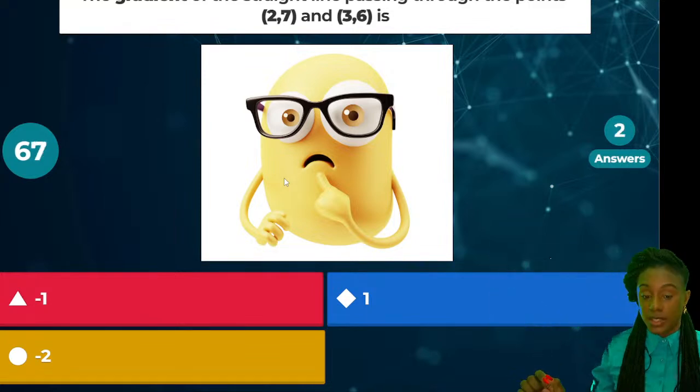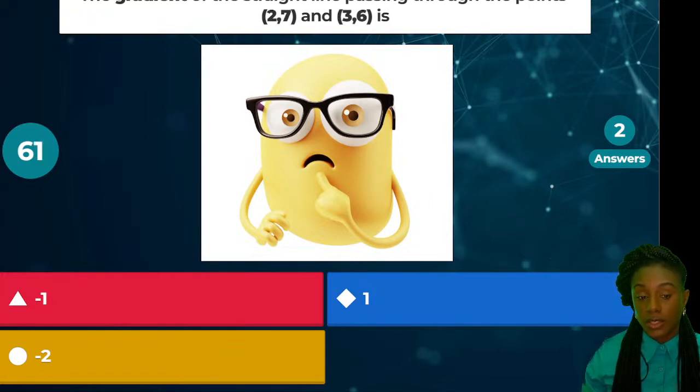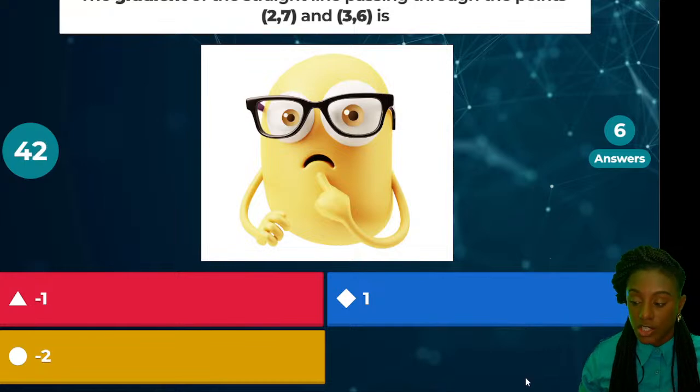To calculate the gradient, you have to calculate the change in y over the change in x. In other words, you calculate the difference of the y values in the coordinates divided by the difference in the x values of the coordinates.